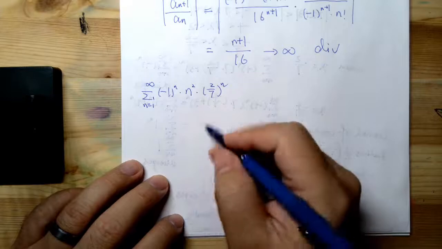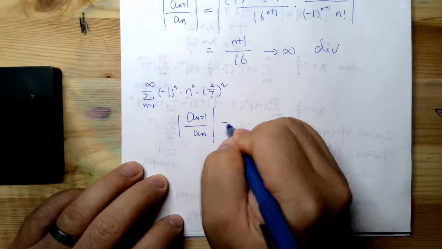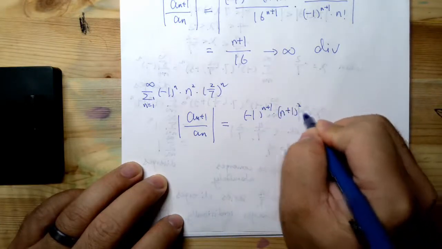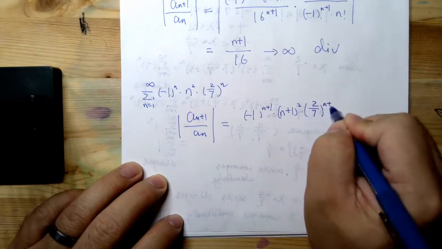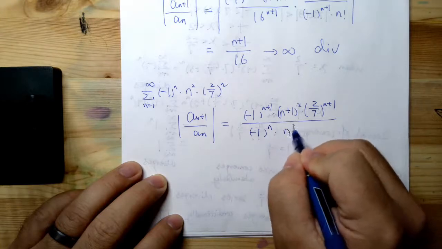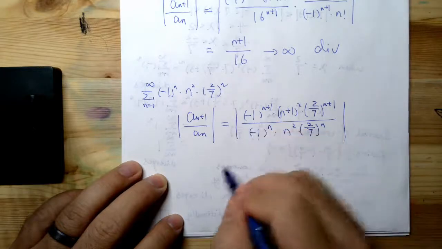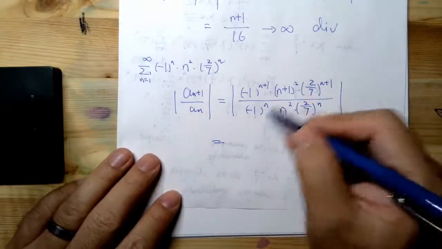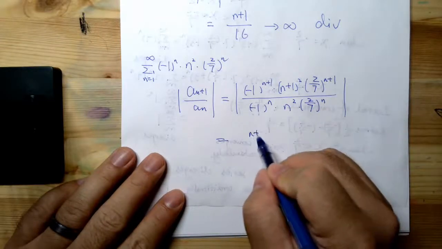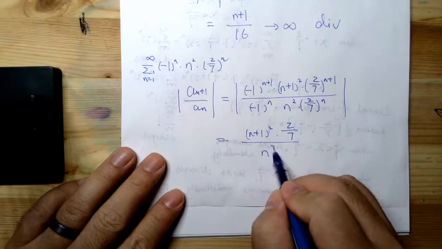Move on to the next one, which is the same thing. |a_(n+1)/a_n|, so it's negative 1 to the power n plus 1, (n plus 1) squared, 7 over 2 to the power n plus 1, over negative 1 to the power n, n squared, 2 over 7 to the n. This part we can simplify, and what I have here is (n plus 1) squared times 2 over 7 over n squared.